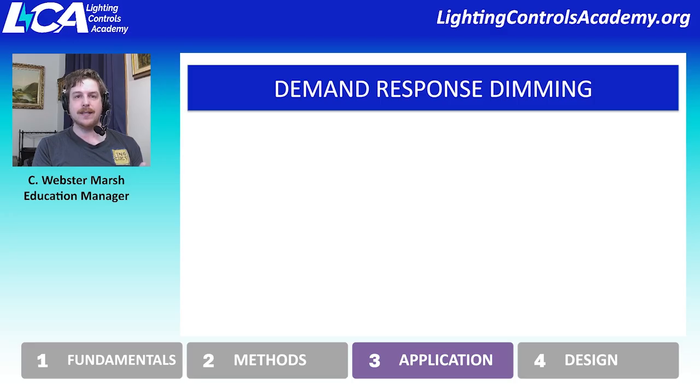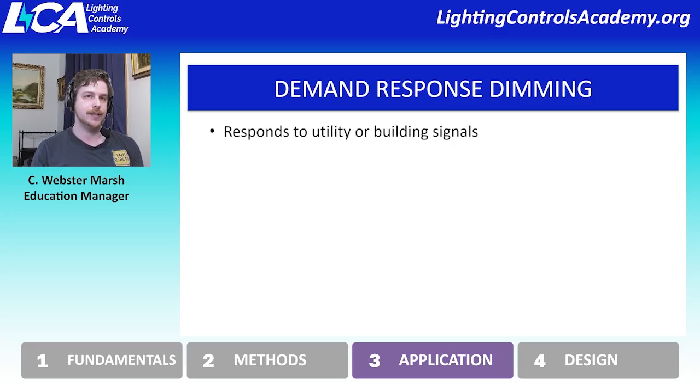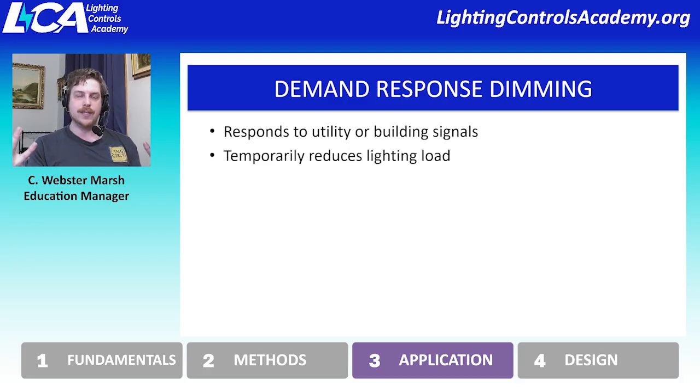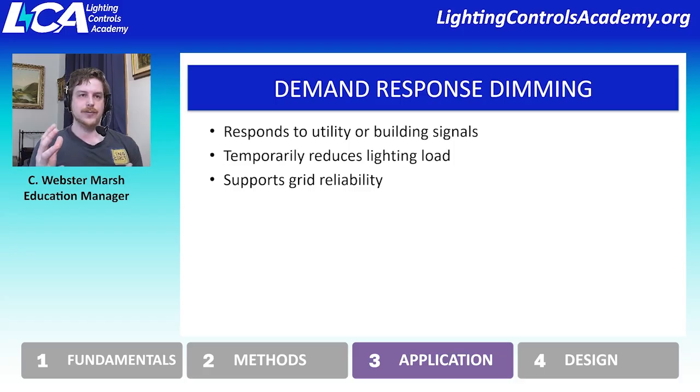Demand response is when we are responding to a utility or a building signal, something outside of the system or part of the system that says, hey, there's an event and we want to reduce how much load we're using. So it's temporarily reducing that lighting load, how much energy we're using in that space, to compensate for something. In a utility-triggered demand response, also referred to as automated demand response, we are creating an event that reduces the load in the building so that the grid is more stable.